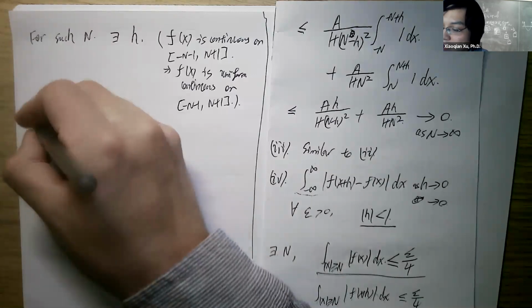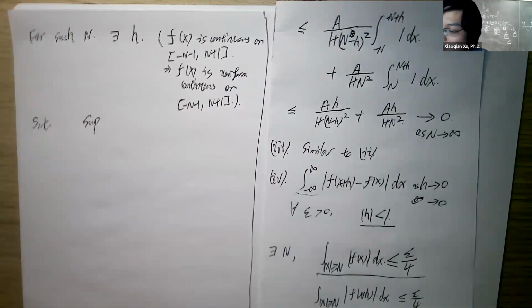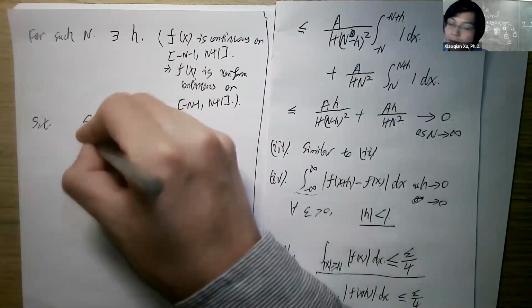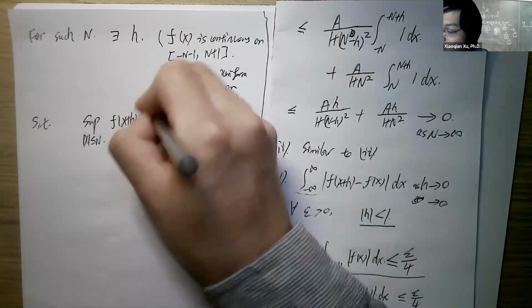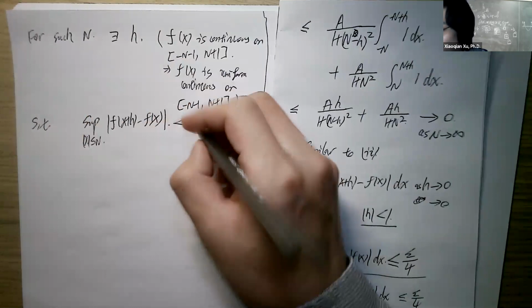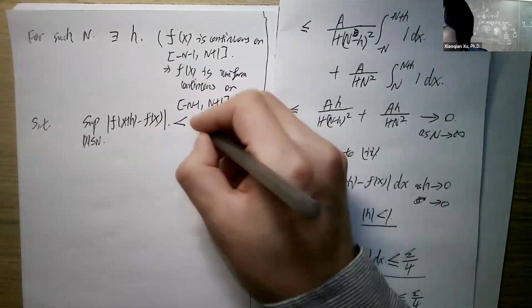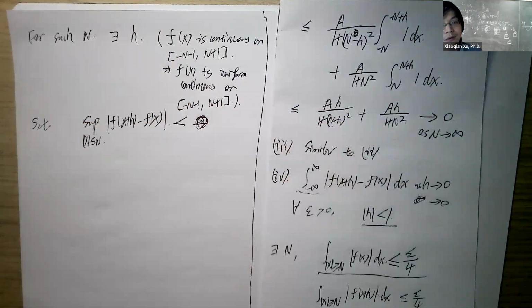Such that if you take the supremum over all x with |x| less than or equal to n, you have |f(x+h) minus f(x)| less than, say, epsilon over... well, maybe I should say I may need to choose it later.